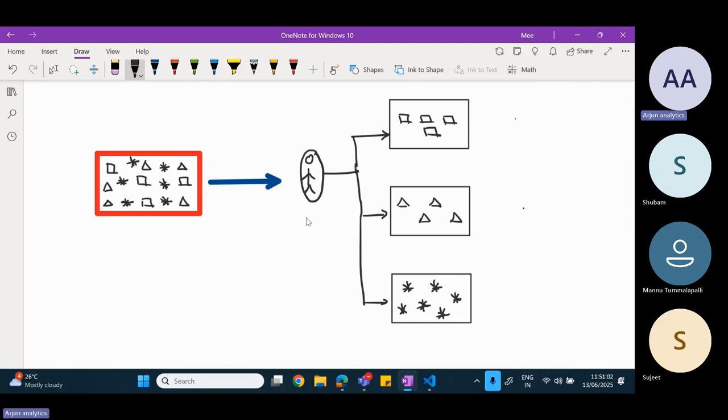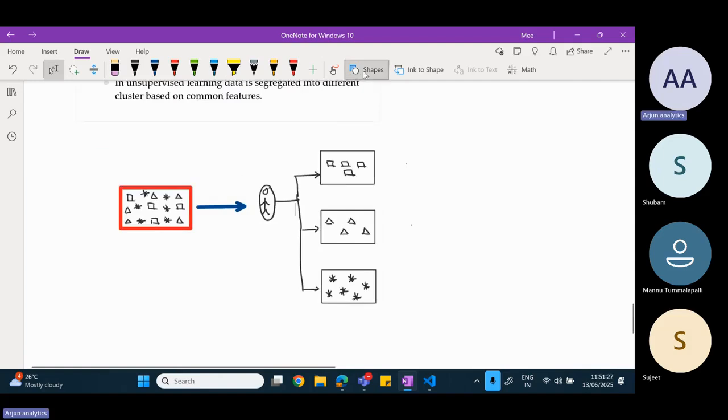That is what is called unsupervised learning. There won't be labels. If labels are there, you will look at the labels and put them accordingly. But here there won't be any labels. Based on the shape and common features, they are going to segregate them into different clusters. This is called unsupervised learning.